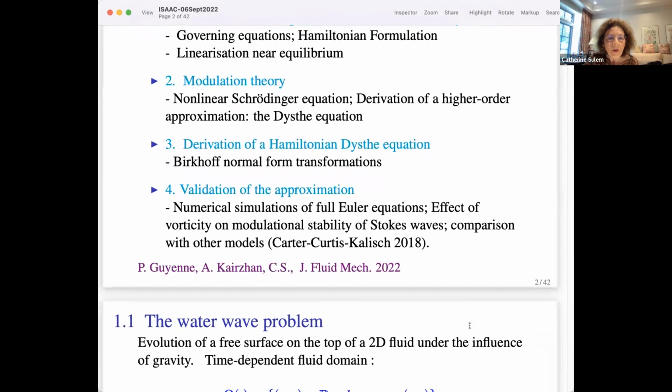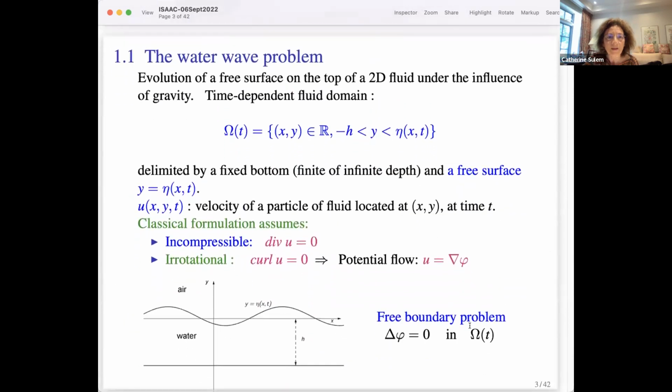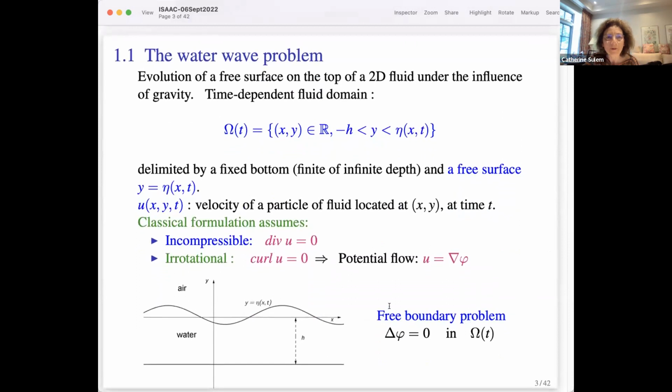These first slides are really the very classical ones that I just write down for the notations. Here is the water wave problem where we are interested in the evolution of the free surface over a two-dimensional fluid. In our derivation today, we'll assume deep water.